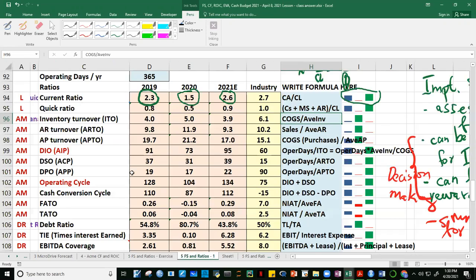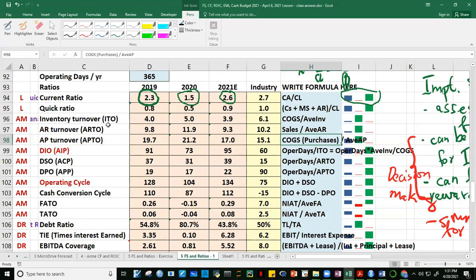Okay, so far clear, guys, these three. ITO, ARTO, APTO. And you have the formulas here, no? Sales over average AR. And then the APTO, strictly speaking, it should be the purchases. But since we don't have purchases, no? We use cost of goods sold divided by accounts payable.